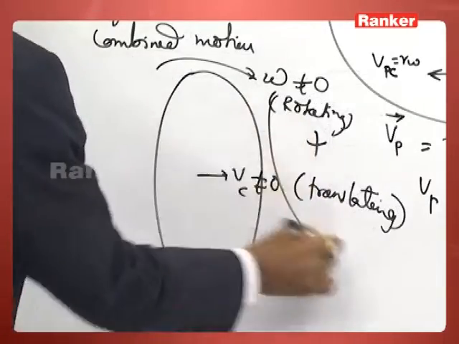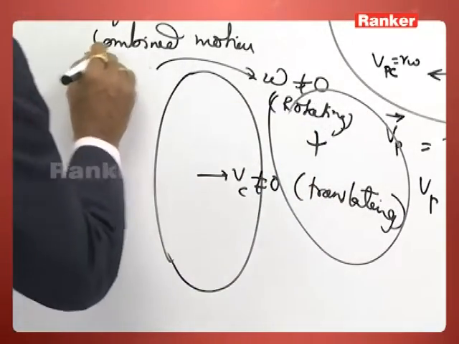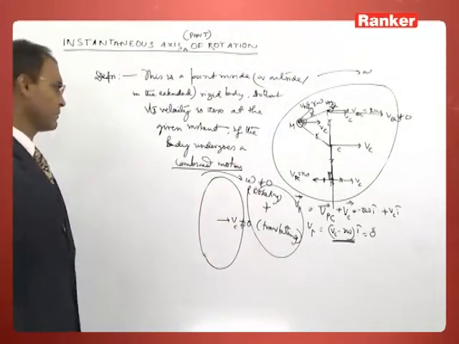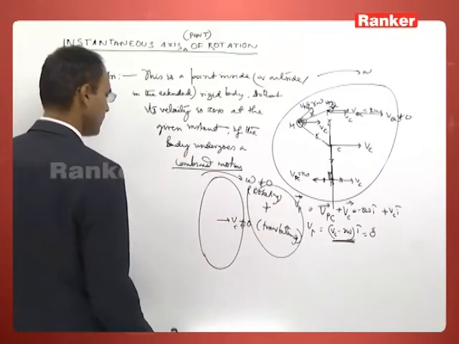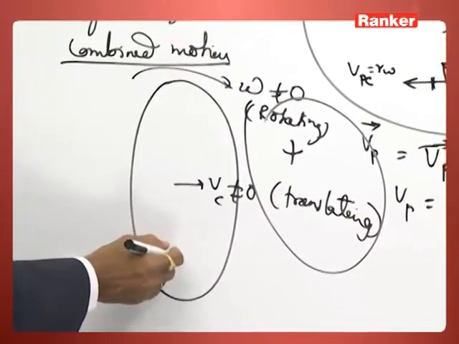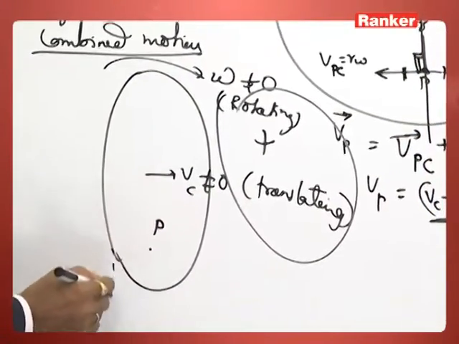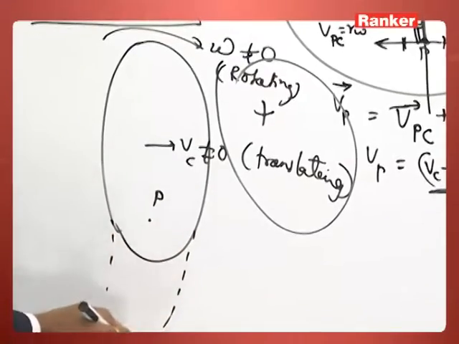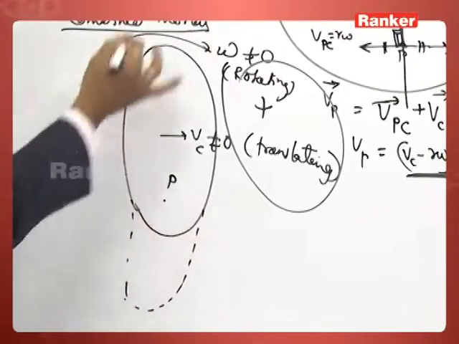It is having both rotation and translation, meaning combined motion. Under this condition, there must be a point inside, or that point may be outside or in the extended rigid body. You can extend the rigid body mentally.